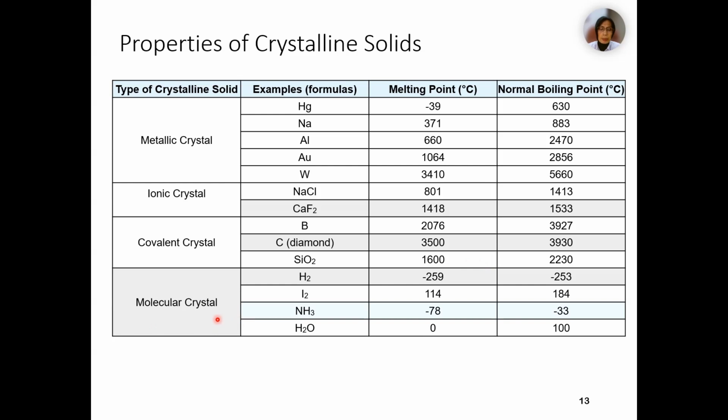And molecular crystals have low melting points. As you can see, this is hydrogen and H2O or ice 0, and the normal boiling point is proportional to the melting point.